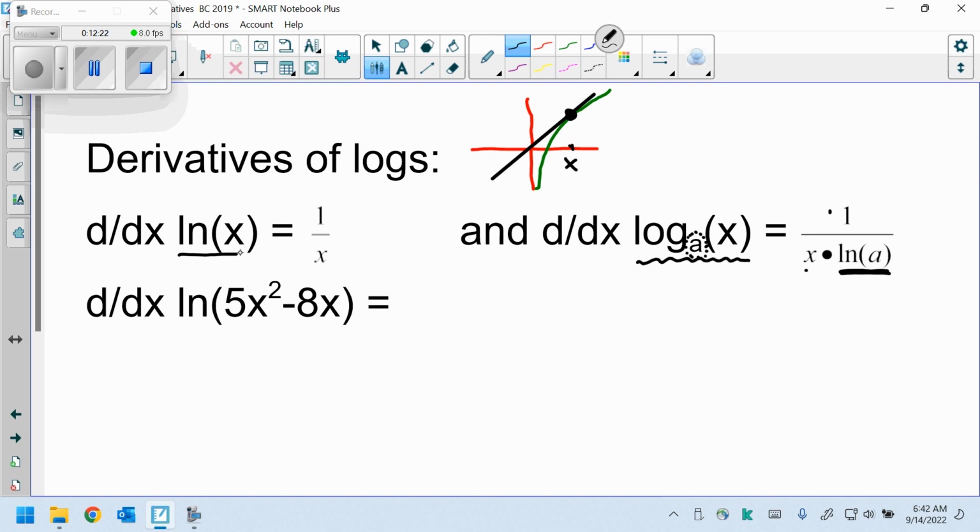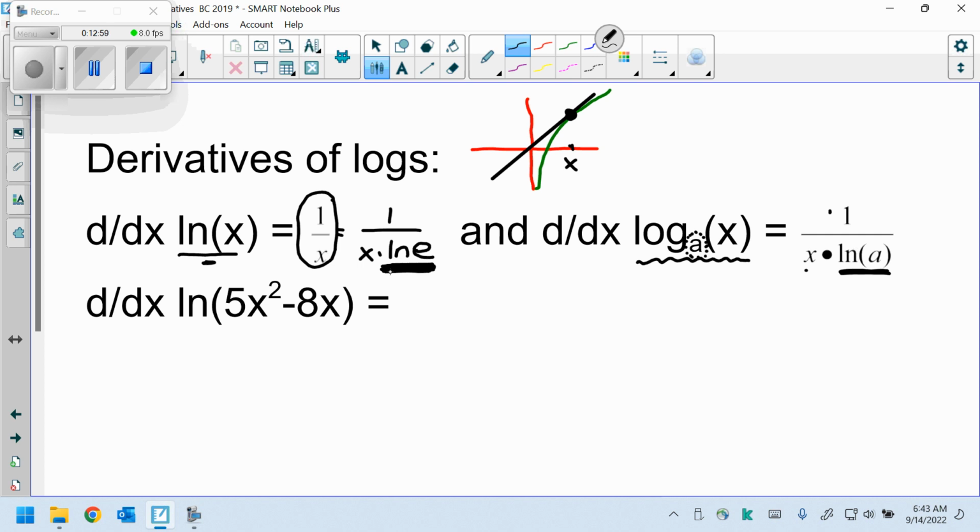If I use the rule of logs, I would say that the derivative is 1 over x times the natural log of the base. Well, what is the base of a natural log? We've already said today that the natural log of e is 1, and that's why we just say it's 1 over x. The rule is actually exactly the same, except that here we always end up with a natural log of the base that is always 1.